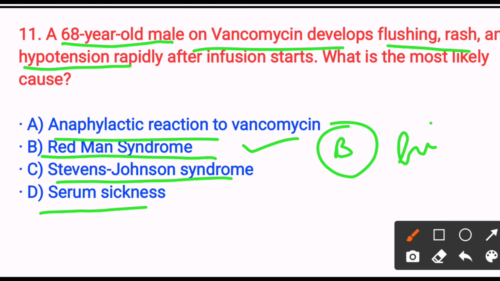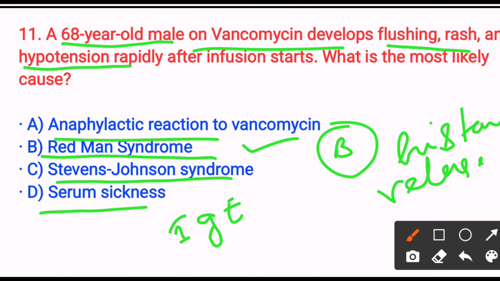It is a histamine release reaction, not true IgE anaphylaxis, from rapid vancomycin use causing flushing, pruritus and erythema, especially in the upper body, and hypotension. What do we have to do?